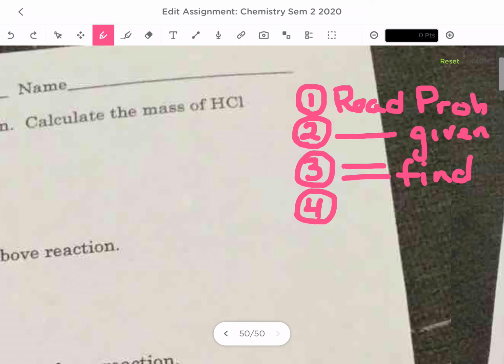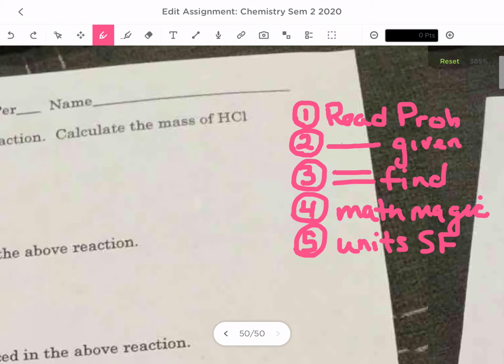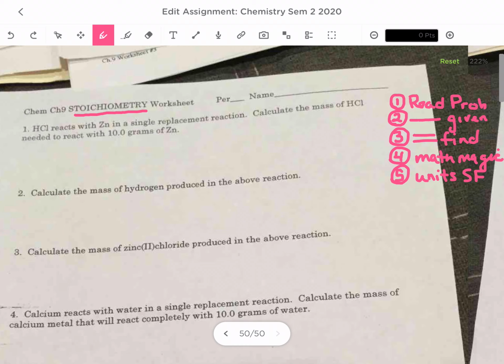Number 4 was do math magic. And number 5, again, was units and significant figures. Okay, so let's look at this problem following our steps.